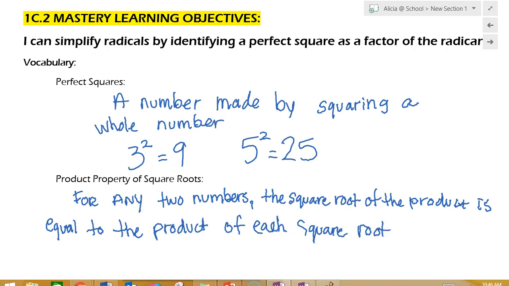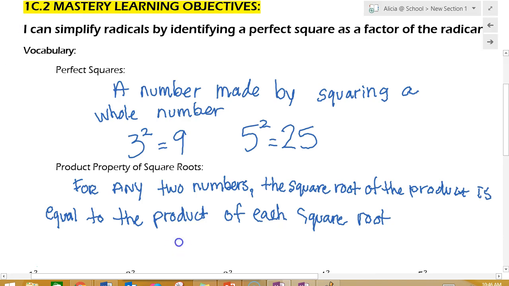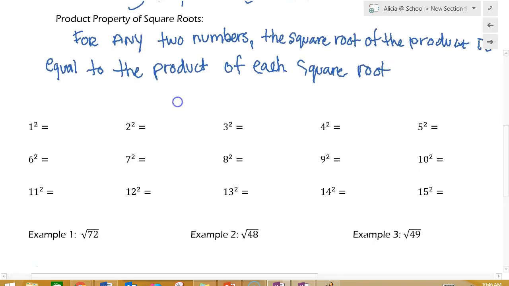I do apologize for my board being so sloppy, it's hard to see. So again, what it says is for any two numbers, the square root of the product is equal to the product of each square root.